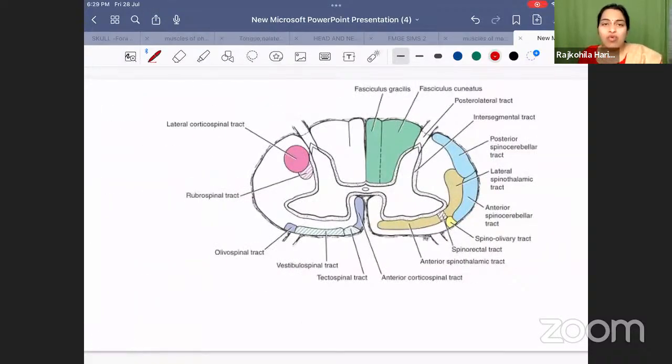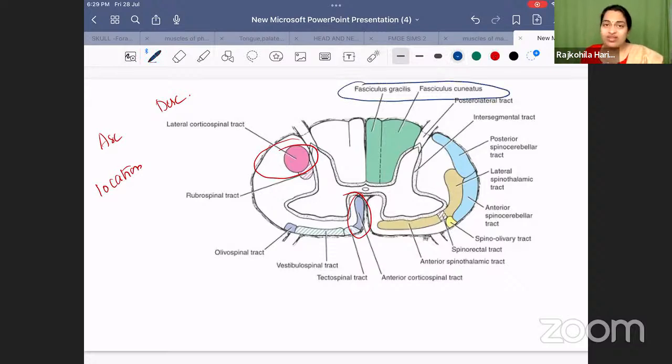So it's very, very important to know the names of the ascending and descending tracts and their location in the spinal cord, right? Among the descending tracts, you have to know about the lateral corticospinal tract and the anterior corticospinal tract, the pyramidal tract. Among the ascending tracts, definitely you should know the fasciculus gracilis and cuneatus.